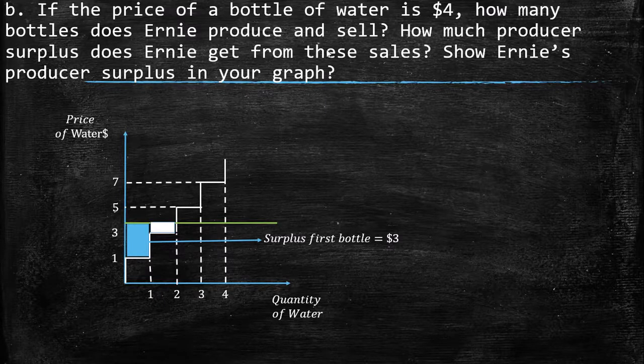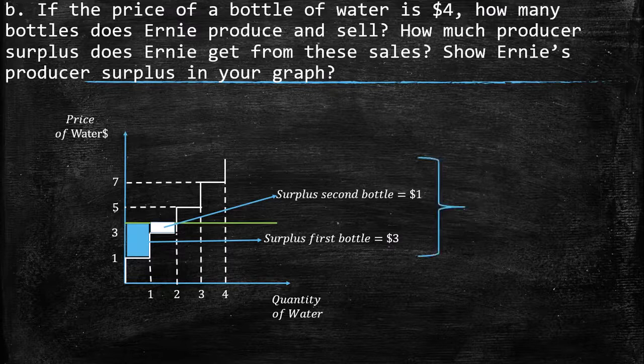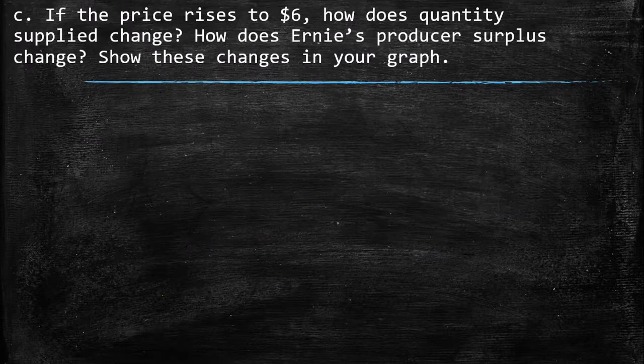The second bottle, he will sell at $3, but the price in fact is 4. So he will get a surplus of the second bottle equal to 1. So here we have the producer surplus equal to 4.